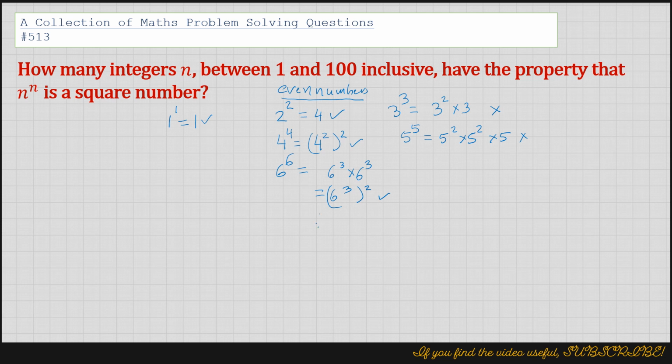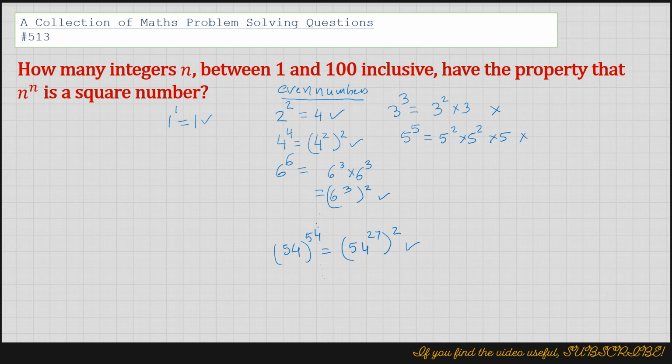For example, if you were to pick any even number, like 54, then 54 to the power 54 you can write as 54 to the power 27 squared, because 27 times 2 is 54. That is a square number. It fits the definition.